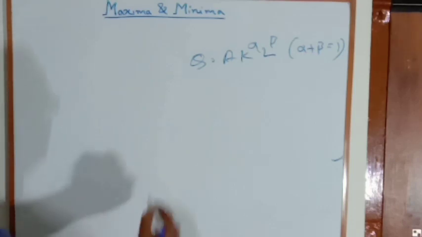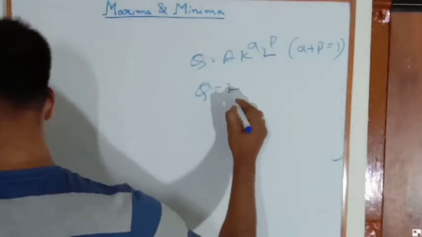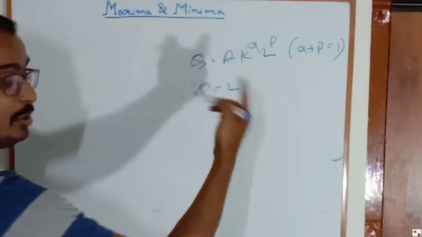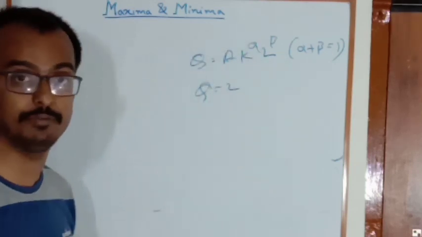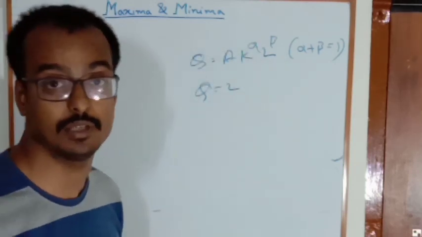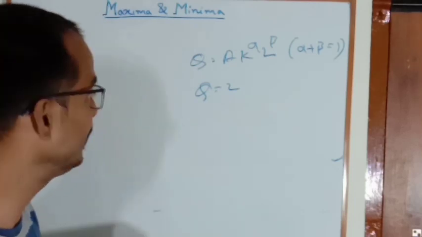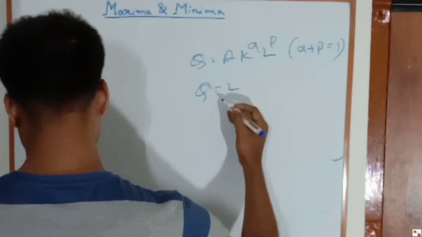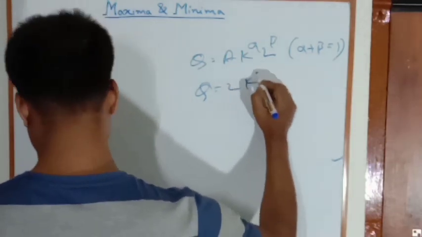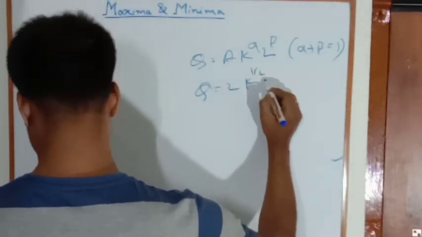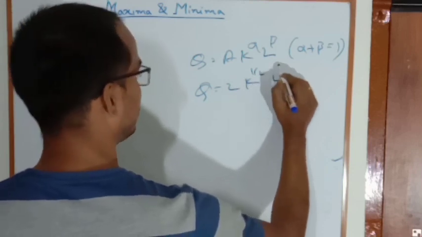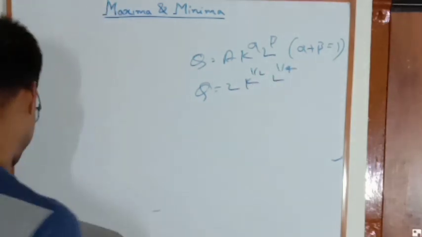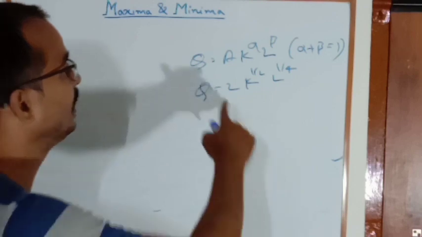Here the production function is given: Q equal to 2 K to the power 1 by 2 and L to the power 1 by 4. Those who don't know complex production functions, it's unfortunate if you don't know. You go to the last semester course, there you will get it. We did it in our class. It's not a complex class because it should be equal to 1.